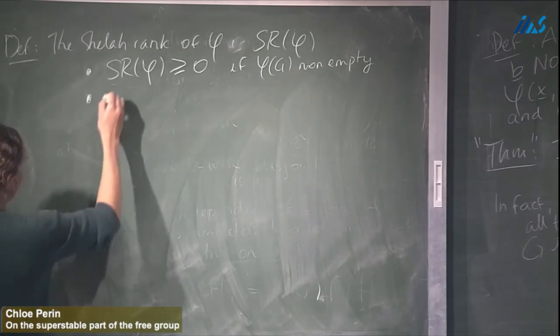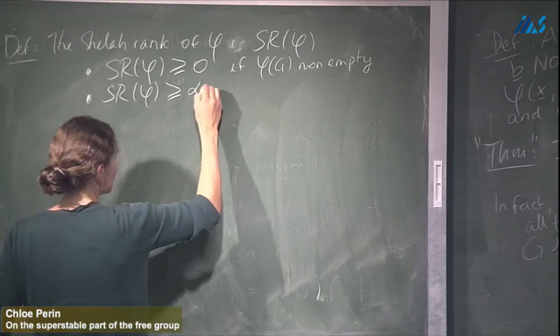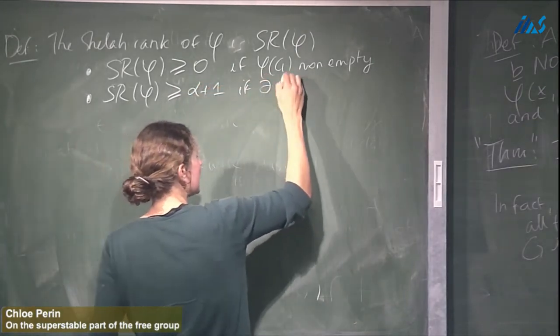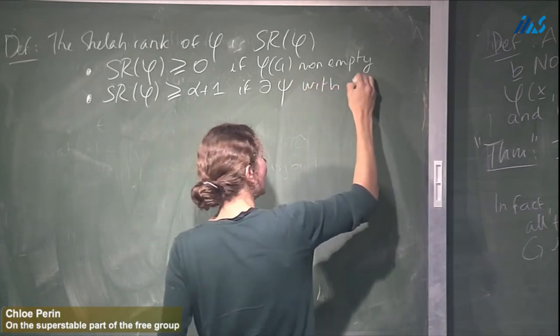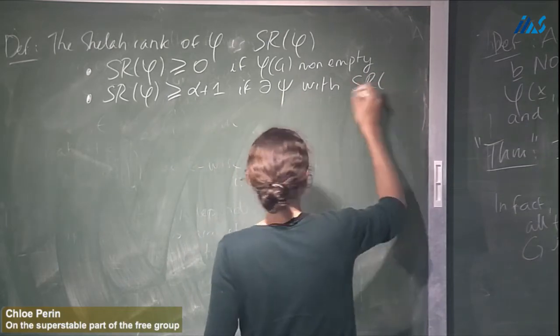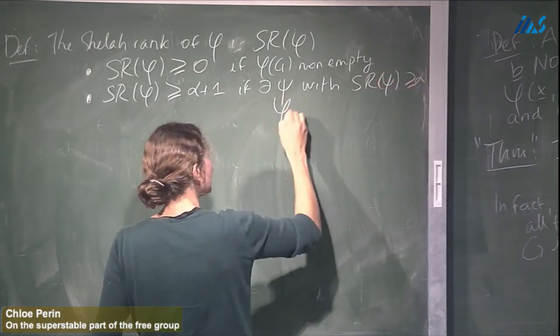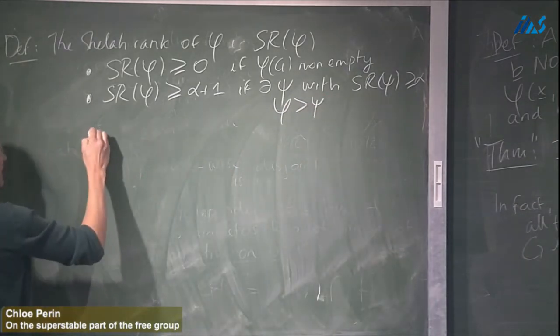And you say that SR of phi is greater than or equal to alpha plus 1 if there exists a psi whose rank is at least alpha and such that phi is strictly greater than psi.